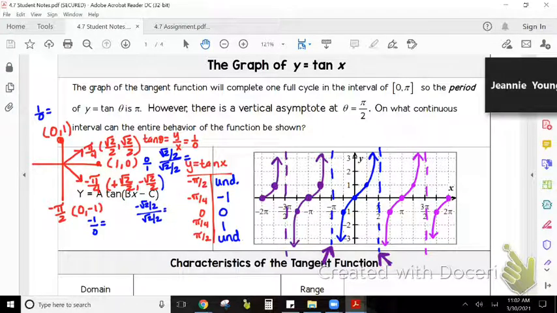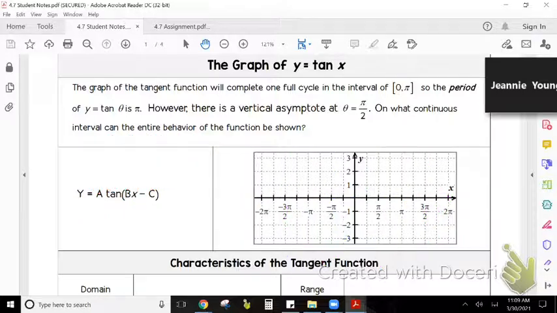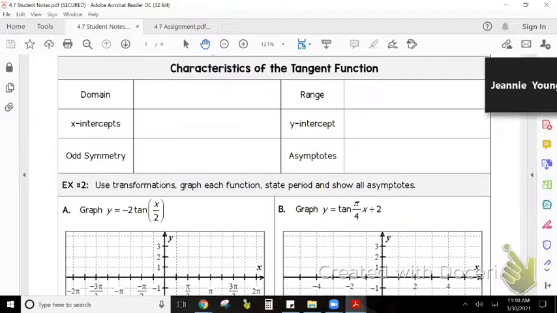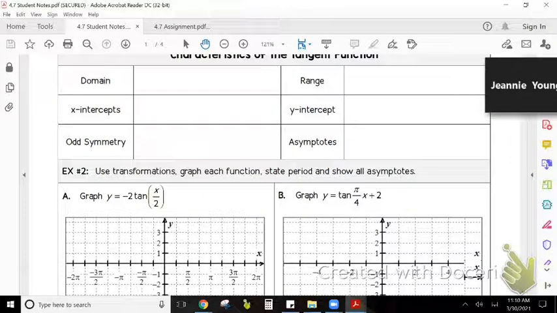All right, so using your graph there, because I'm going to have to scroll down, let's talk about the characteristics. Now for the domain, does it keep going to the left? Yes and no, right? It does because it's periodic, but it has breaks in the graph, doesn't it? So this one's going to be kind of like, we're just going to tell where our domain can't be.